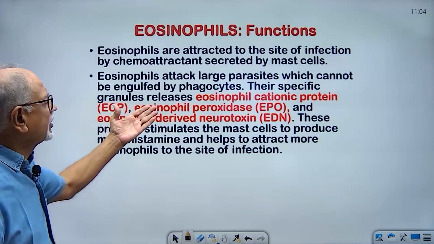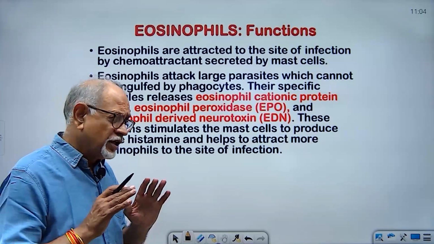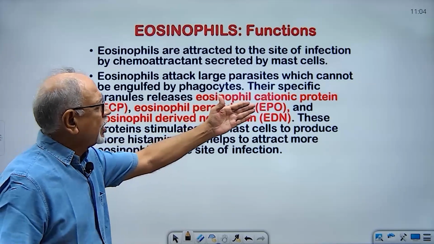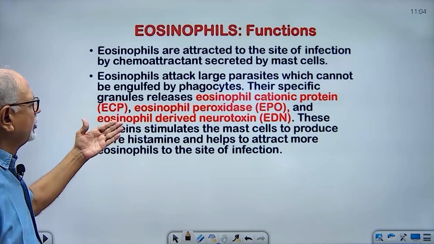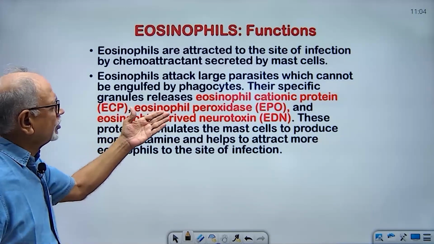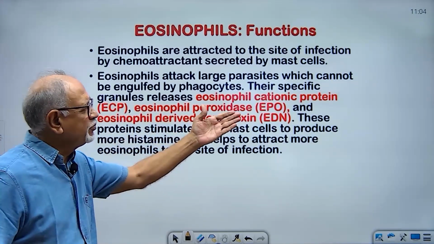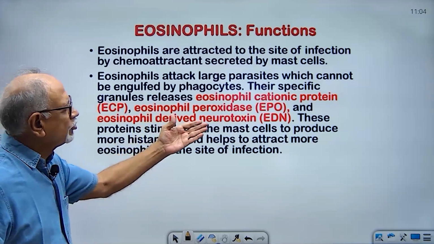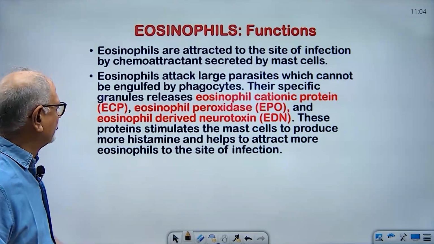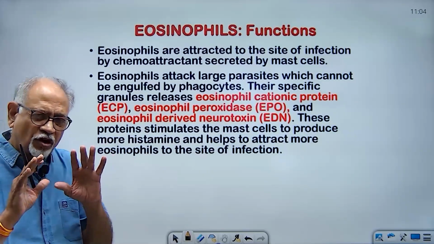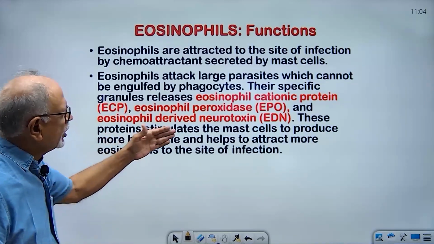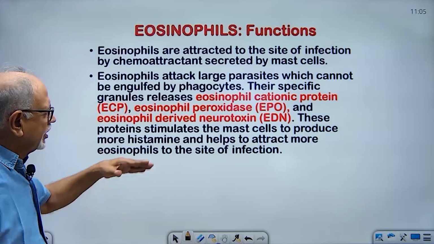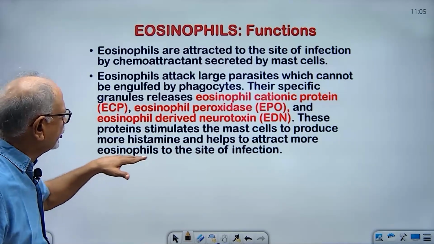These specific granules of eosinophils contain eosinophil cationic protein, that is ECP, then eosinophil peroxidase, that is EPO, and eosinophil derived neurotoxin, that is EDN.